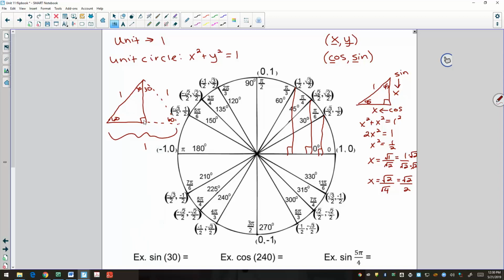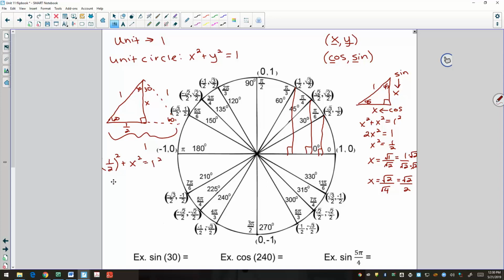But if we're only looking at half of the equilateral triangle so that we can get 30 and 60 in one triangle, that means this side would be 1/2. The only side we're missing of that right triangle is the vertical side here. If you do the Pythagorean Theorem, you would have 1/2 squared plus x squared equals 1 squared.